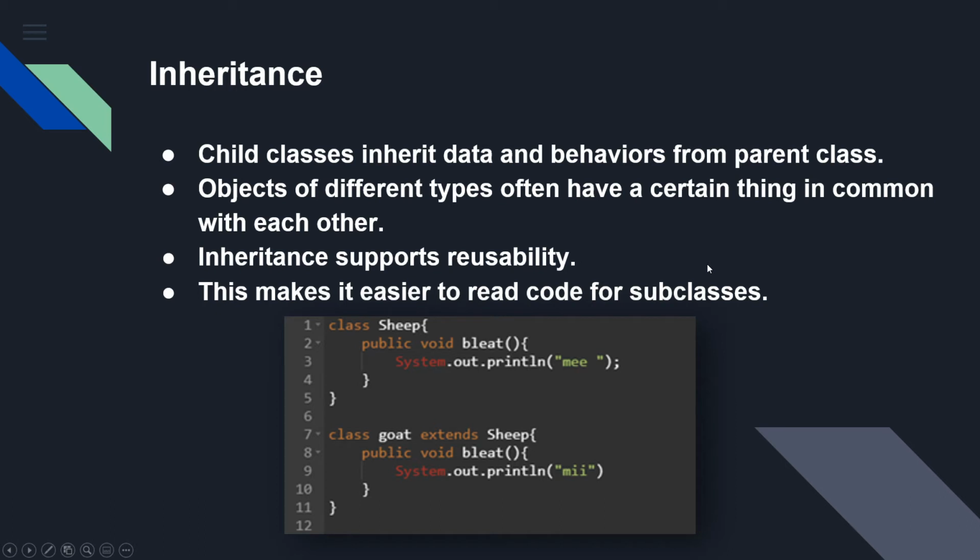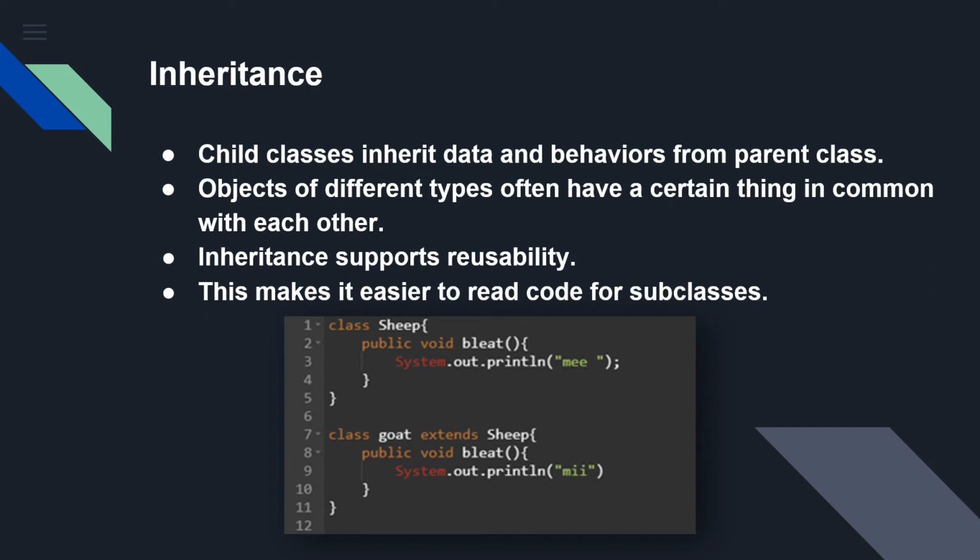Inheritance. Firstly, we will start with inheritance. There are child and parent classes in OOP and in Java. So for inheritance, child classes inherit data and behaviors from the parent class. Objects of different types often have certain things in common with each other, so we work with different classes that take properties of each other.